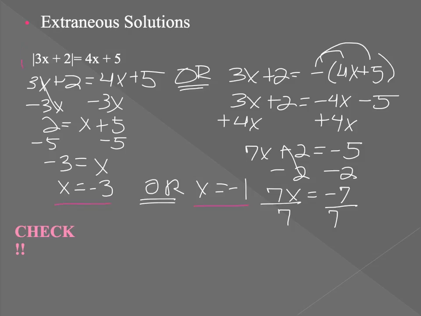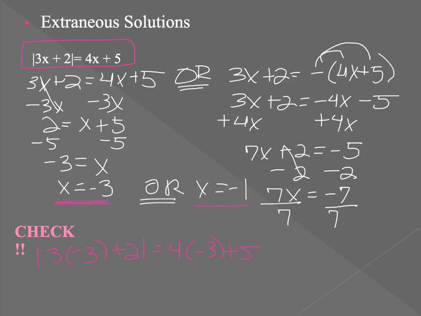So we plug it into the original equation with the absolute value symbols there. So the absolute value of 3 times, we'll do the negative 3 first, plus 2 equals 4 times negative 3 plus 5.